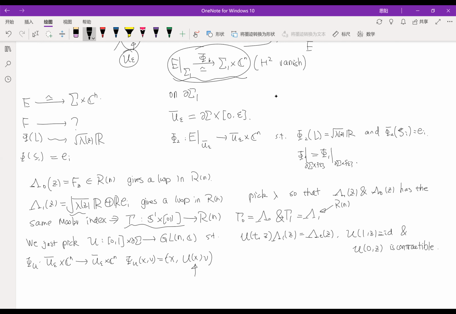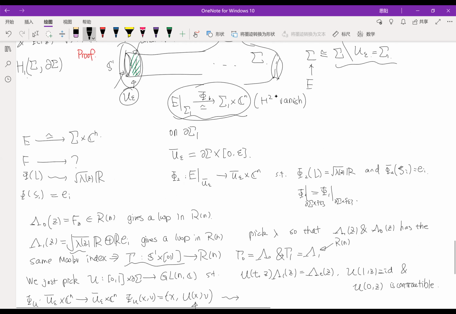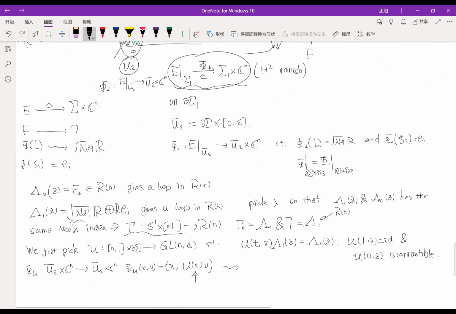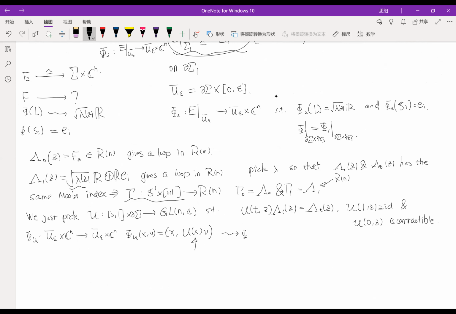And then we have the composition. Because the cylinder is trivial, we also have a trivialization from E restricted to U_epsilon to the trivial bundle. And then we just consider the composition psi_U composed with psi_2. Then we will know that it is also a trivialization.